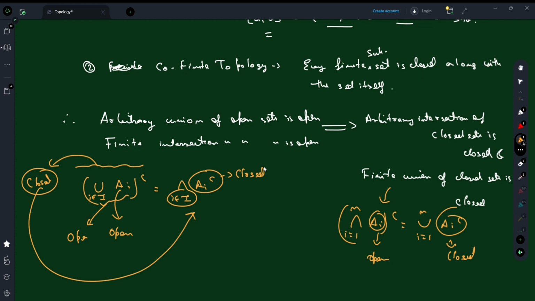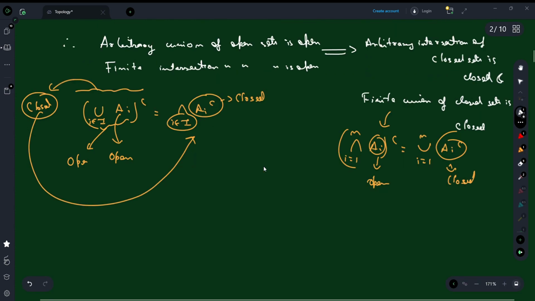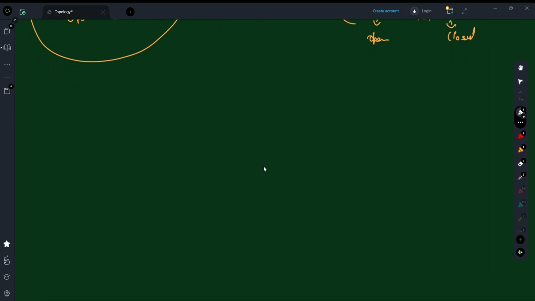So I can obviously summarize this as a theorem. Let X be a topological space. Then the following holds.